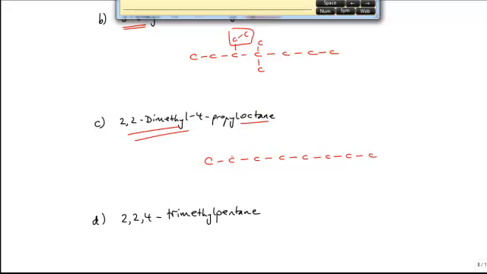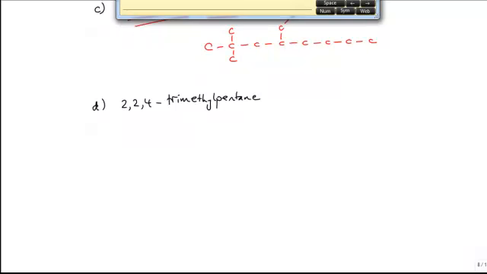Two methyl groups on carbon number 2. So I tend to put one up and one down. Okay? And what does the next bit tell me? One on 4, and there's a propyl group. I just curved it to avoid this bit. We okay? I think you're good. I think if you do the homework, you're good.